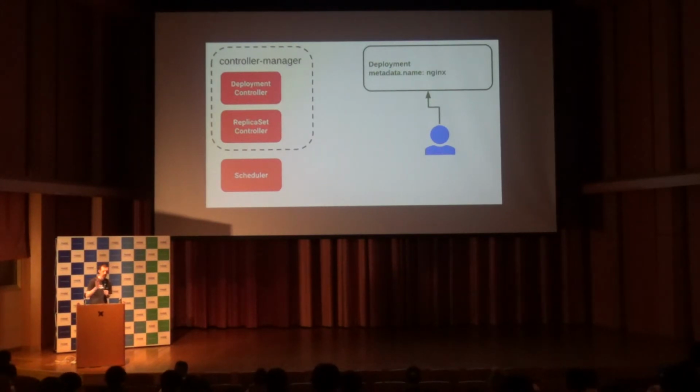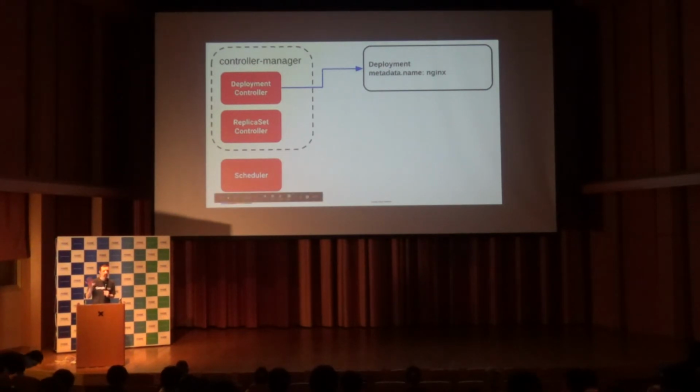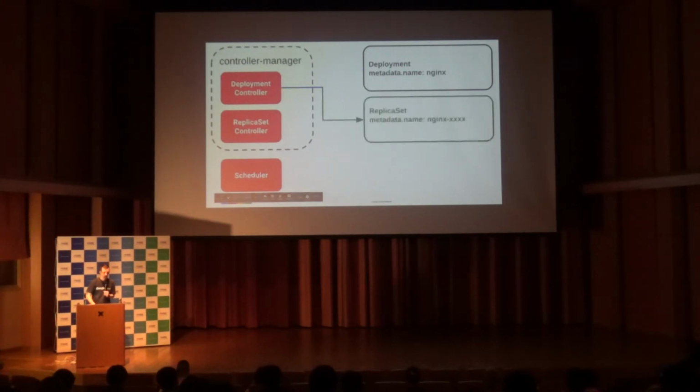So first, we're going to create our deployment object, and this is going to include what type of application I want to run and how many instances of the application I want to run. Once that's created, our deployment controller will see this object and notice that none of the objects that it needs to create have been created yet. So it creates something called a replica set, which is a separate type of object.